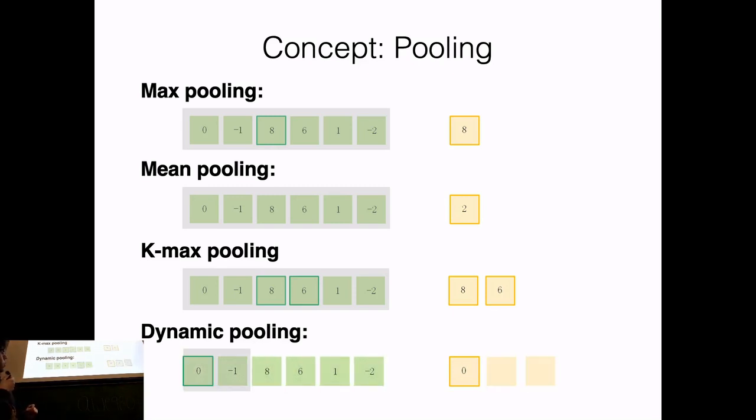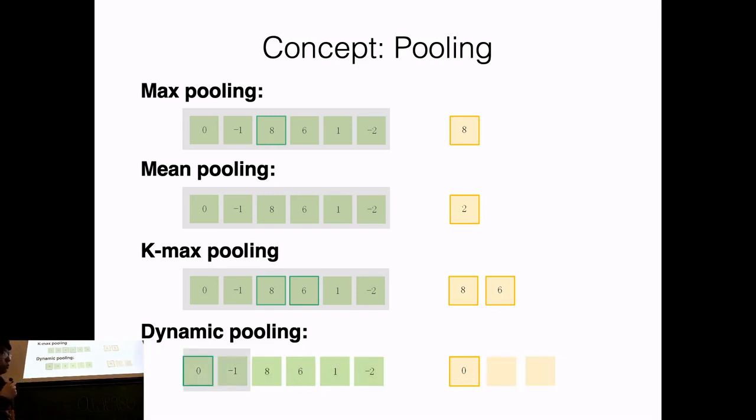For dynamic pooling we also should set a hyperparameter K beforehand. The first thing we should do is partition the input vector into different groups, and for each group we select the maximum value. Here we partition the input vector into 3 groups, and for each group we choose one maximum value. That is dynamic pooling.